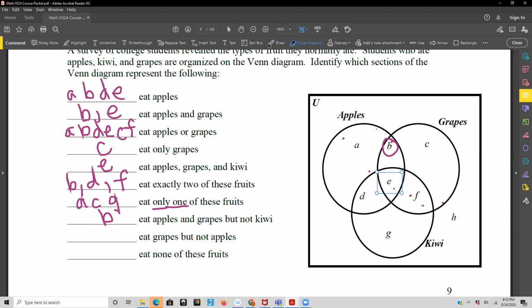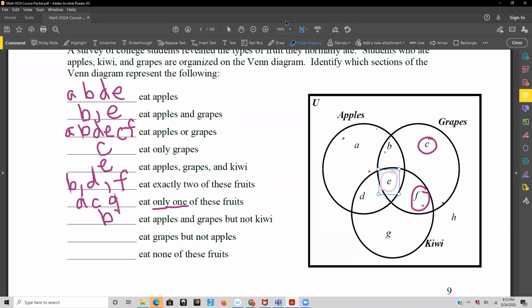All right. And this is really just an English problem more than anything. It's not math. All right, so eat grapes, but not apples. They eat grapes. That would be all of these guys. But not apples, so they can't eat apples. So I'm going to go back and get rid of the ones in the apple circle.